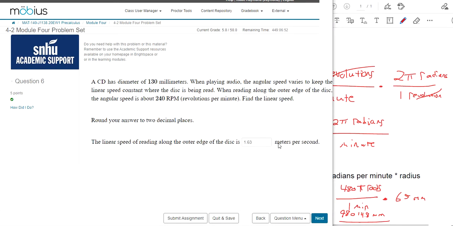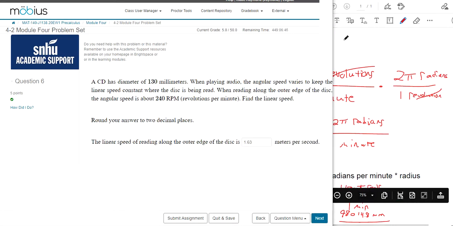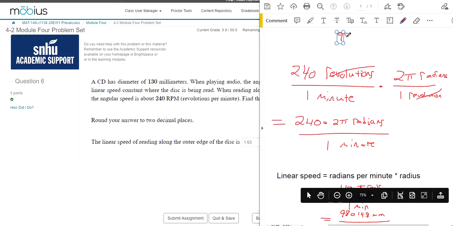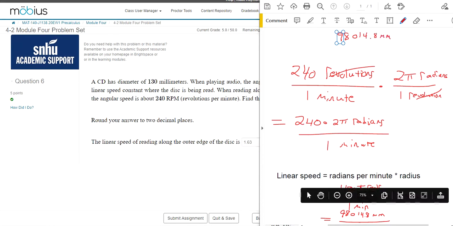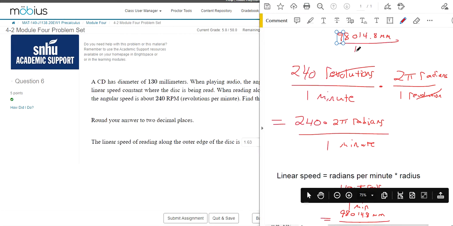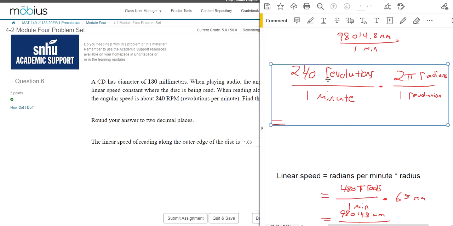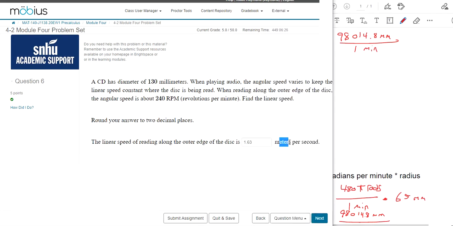But then they want the final answer in meters per second. So 98,014.8 millimeters per minute. To make that conversion, we want to have meters on the top.